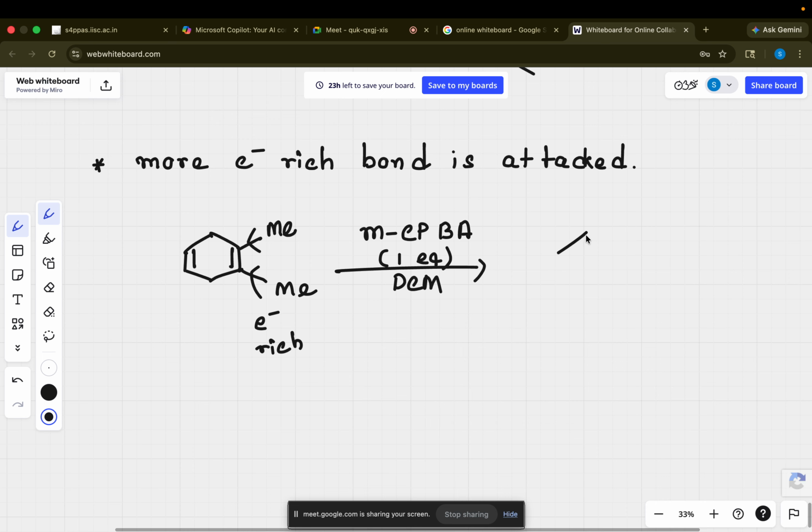So definitely epoxidation will take place, and definitely syn addition.